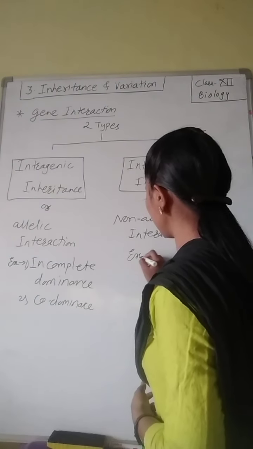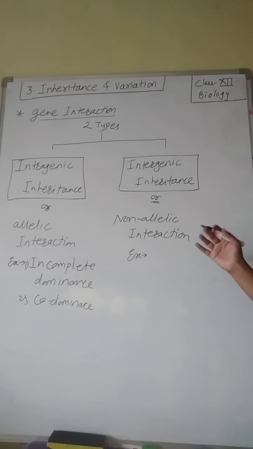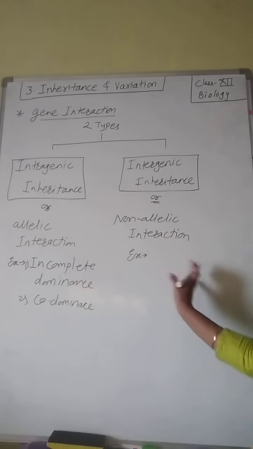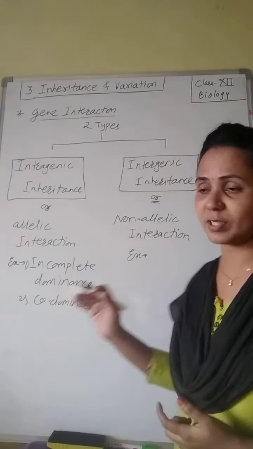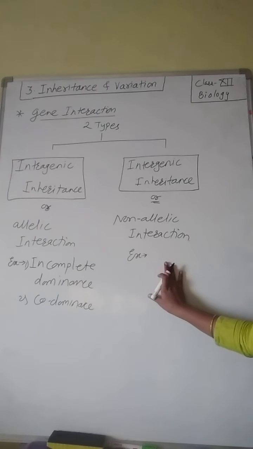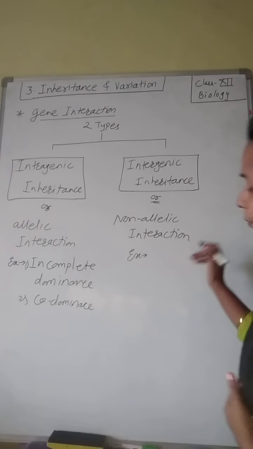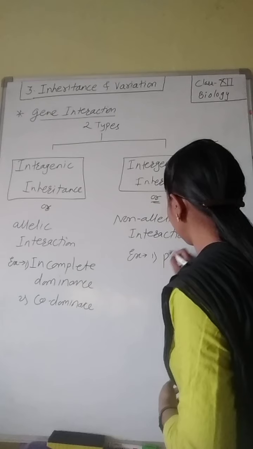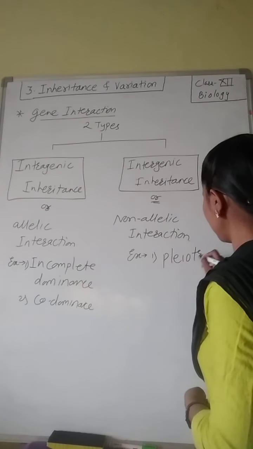Here are some examples of non-allelic interaction, where the genes are present at different loci or on different chromosomes. One example is pleiotropy.